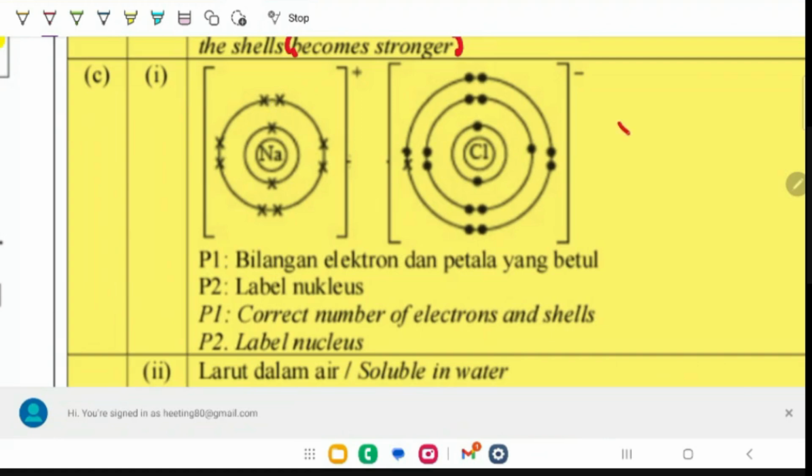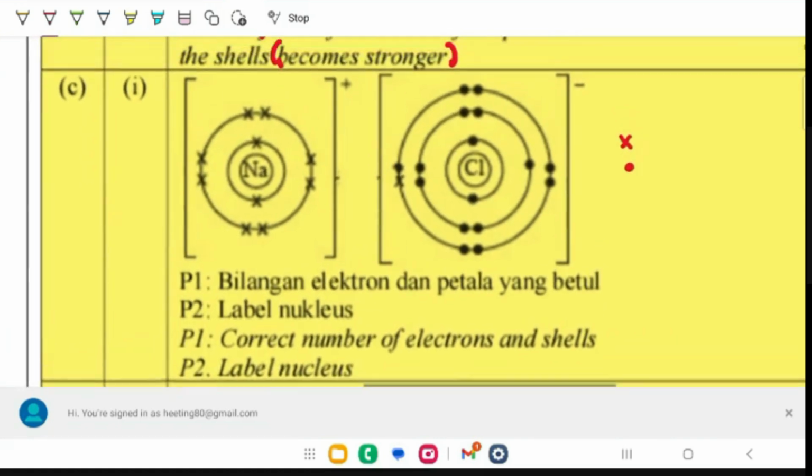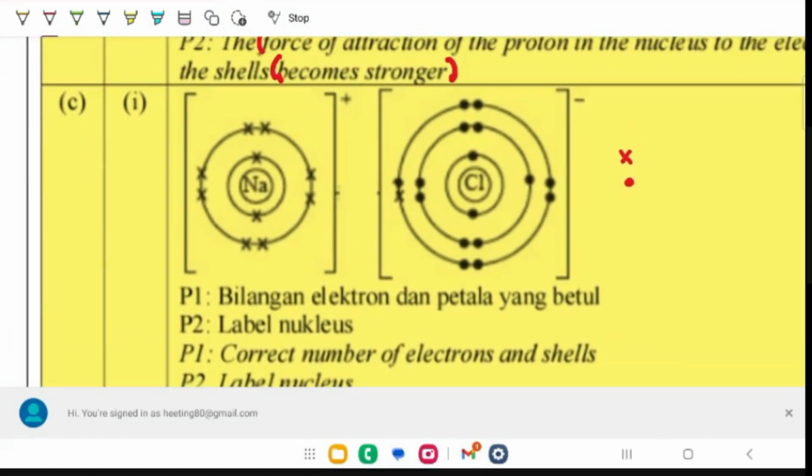You can use the cross or you can use the dot, for both Na and Cl it is okay, it doesn't matter. But here I purposely use a different one to show it. This cross, or these electrons, are from the sodium actually. So the charge you need to mention clearly.